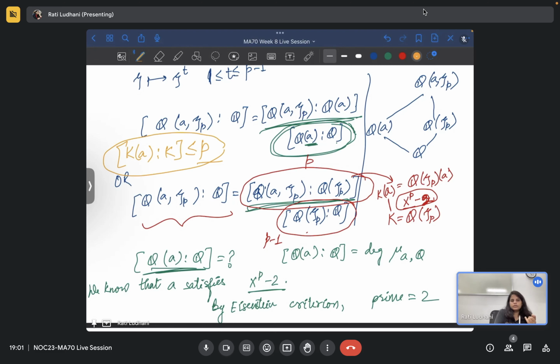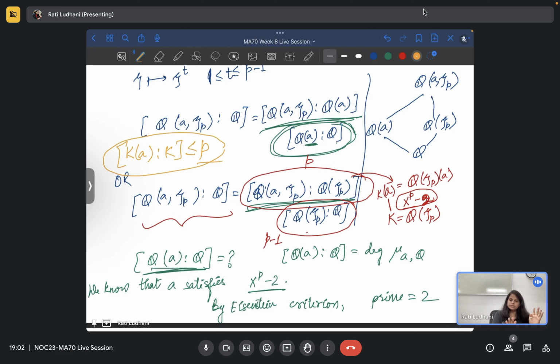Eisenstein criterion only works over Q, that is, if the base field is Q. What the Eisenstein criterion says is that x raised to power p minus 2 is irreducible in Q[x], but we don't know if it is irreducible in Q(zeta p)[x]. The field is a little bit bigger, so there might be a possibility that it splits, that there is one factor which reduces the degree.